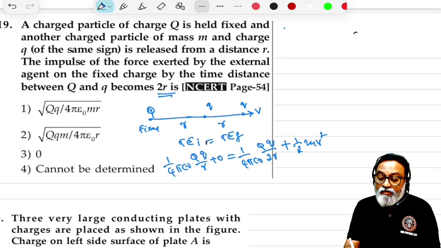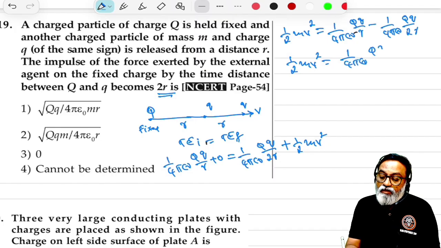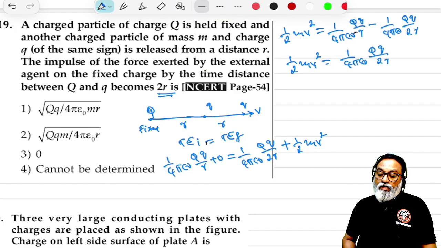From this, half mv square is equal to 1 by 4 pi epsilon 0 q into Q by r minus 1 by 4 pi epsilon 0 q into Q by 2r. Therefore, half mv square is equal to 1 by 4 pi epsilon 0 q into Q by 2r.